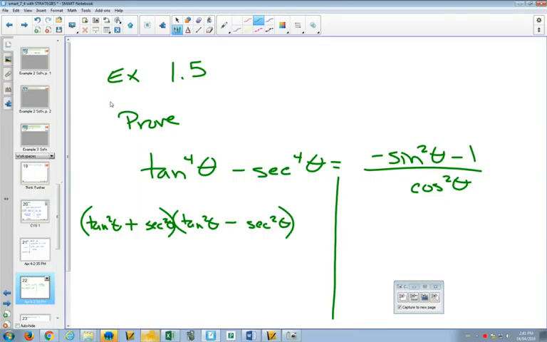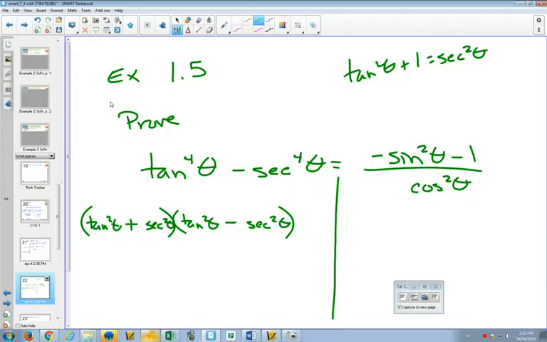Now, of those two, if you think about our formula, which says tan squared theta plus 1 equals secant squared theta, could you rearrange that formula to get either tan squared plus secant squared or tan squared minus secant squared? You can only get one of those two. Can you see that you can get tan squared minus secant squared?